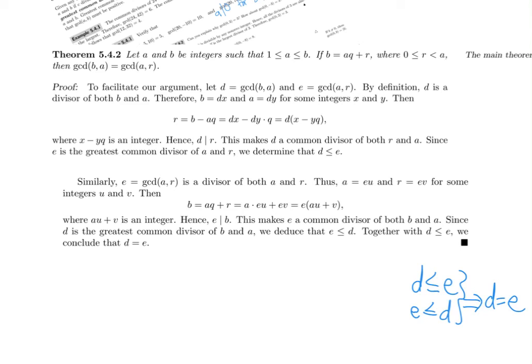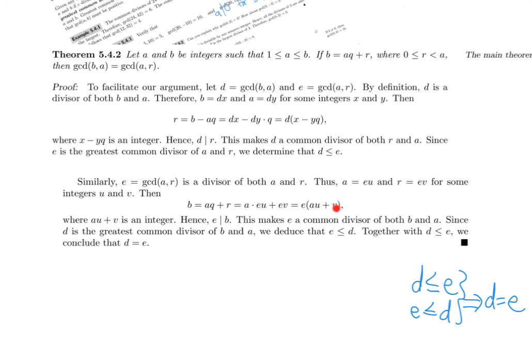So if we take the original equation that related a, b, and r, we have that b is equal to aq plus r, and if we do some substituting, we get that a times eu plus ev is going to equal, once we factor out the e, e times the quantity au plus v.